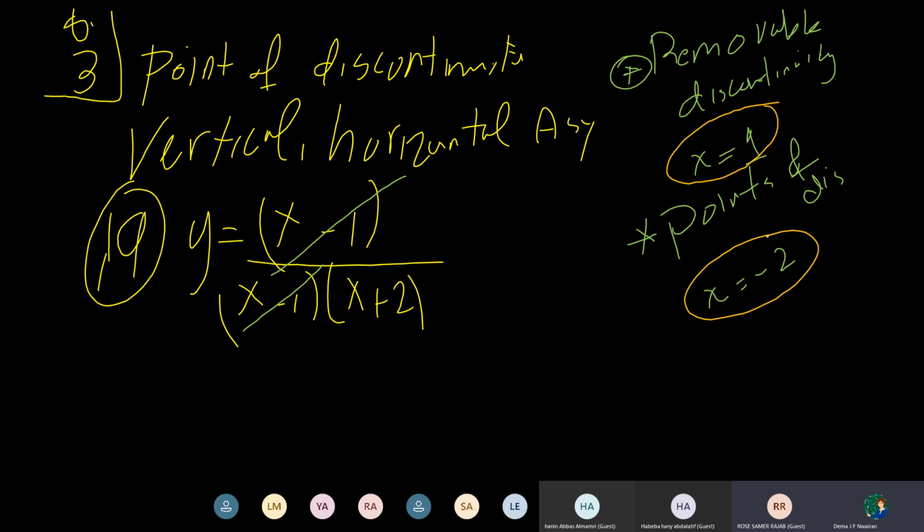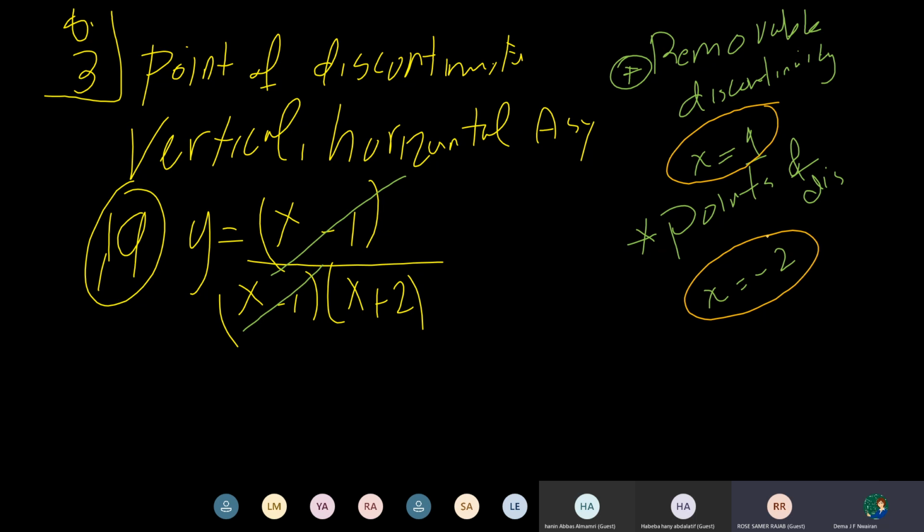But it's removable at x equal 1 and non-removable at x equal negative 2. Removable because I can remove it. Non-removable, I cannot remove it. I cannot remove x plus 2, but I can remove x minus 1. So since I can remove x minus 1, I name it removable, and I cannot remove x plus 2, so I name it non-removable.